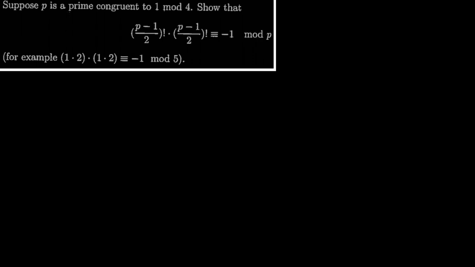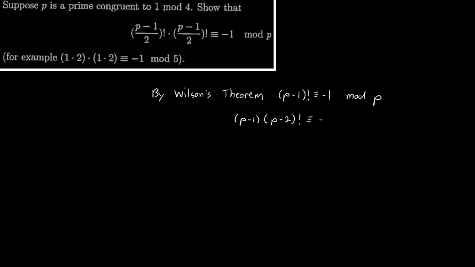We first start off by stating Wilson's theorem, which is that (p-1)! is congruent to -1 mod p whenever p is a prime number. And what I'm going to do is start pulling out factors of this factorial.